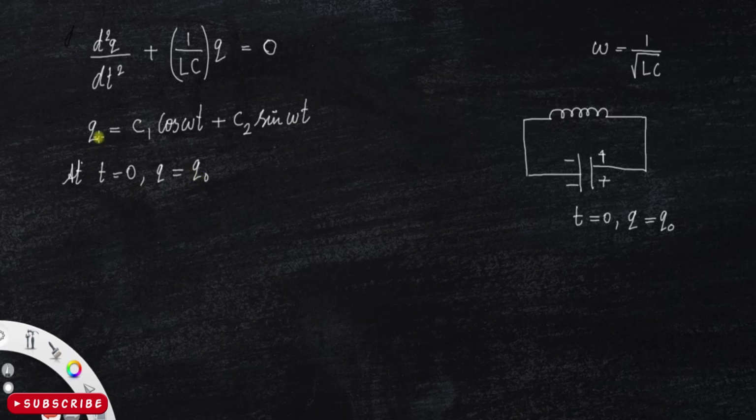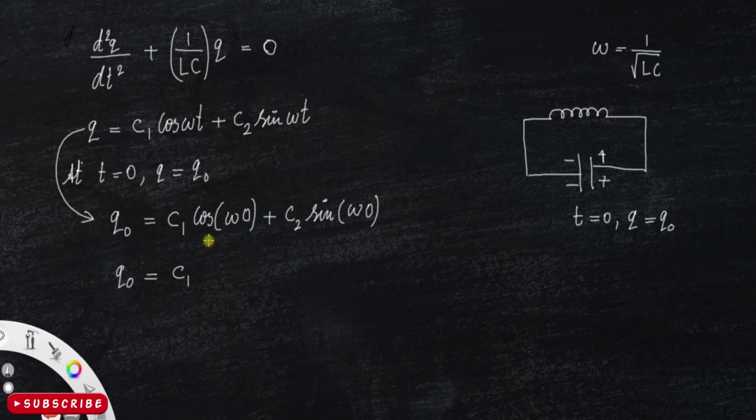I can write q0 instead of q: q0 equals c1 cos(omega into 0) plus c2 sin(omega into 0), which means q0 equals c1 into 1, since cos 0 is 1, plus c2 into sin 0, which is 0. That gives c1 equal to q0. The value of constant c1 is q0.